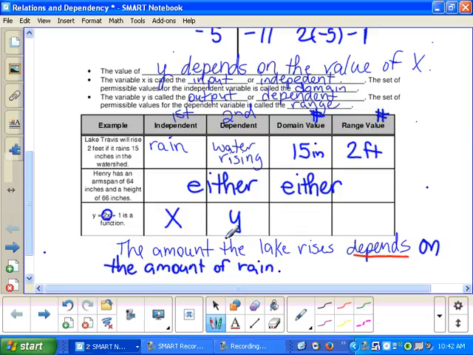So in this case, if we have an example using that function, we said that if X was 2, and we put it in that equation, what's 2 times 2 plus 1? 5. So if X is 2, then Y is 5.